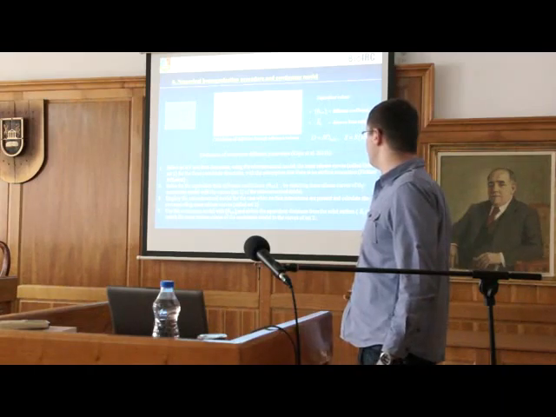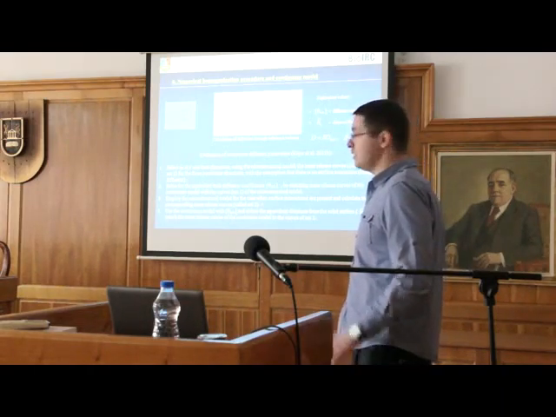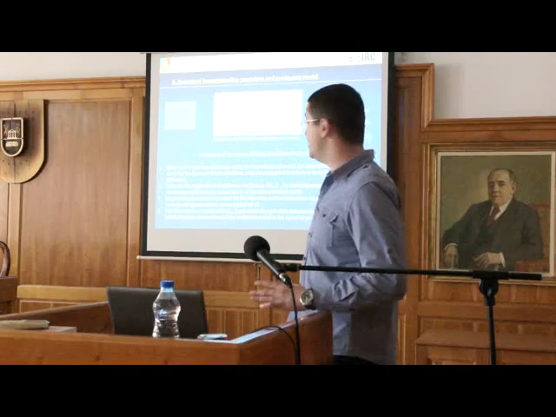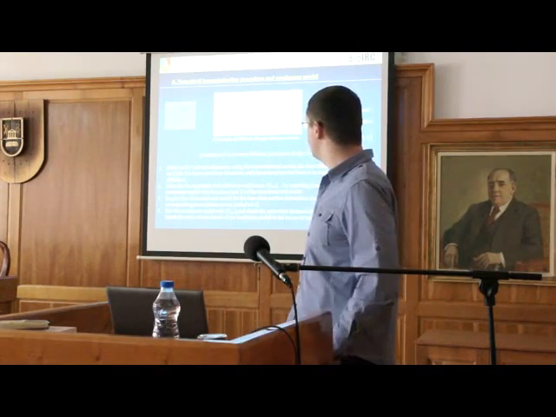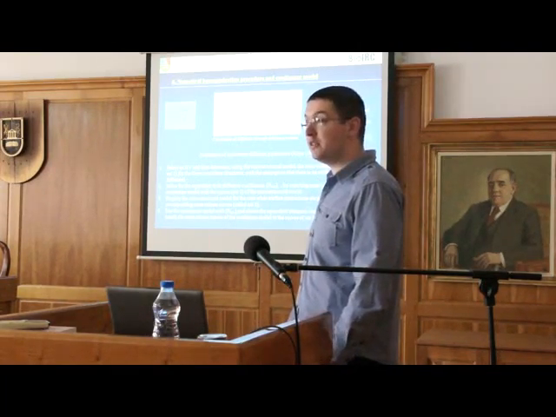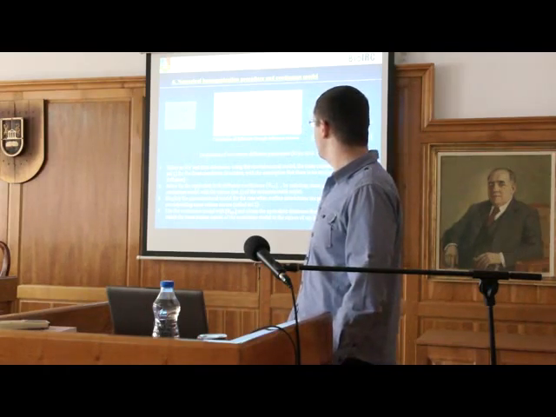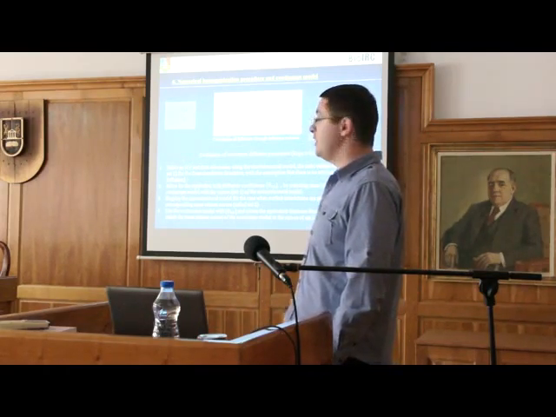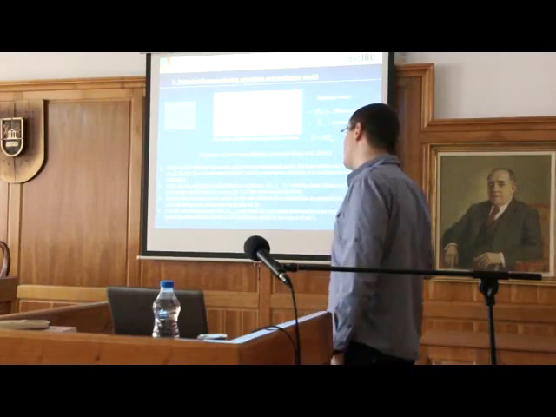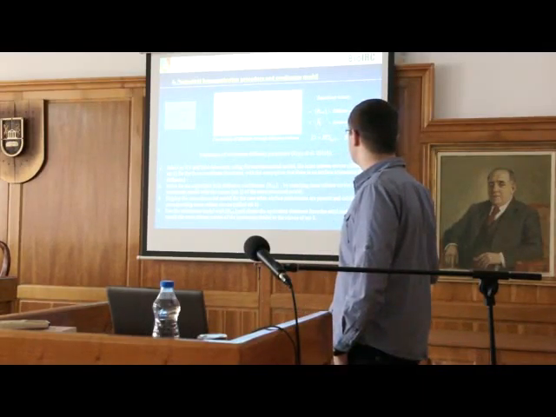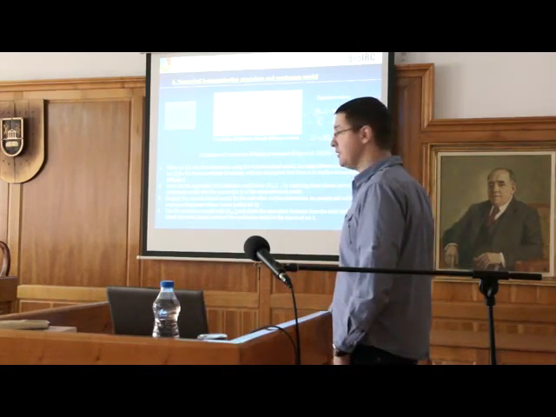Then the third step. Now we are using the full model with surface effects, and again we calculate these curves for this microstructural model, and now we have to find this h, which is the equivalent distance from the surface.